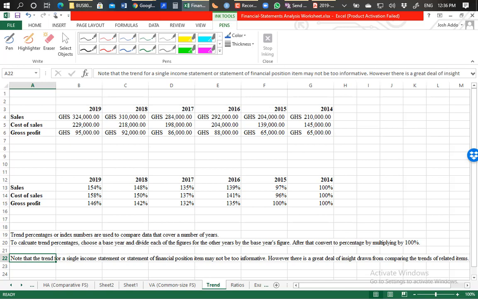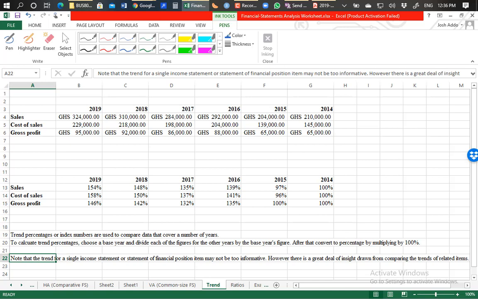Very simple. If you take this simple example, we have sales, cost of sales, gross profit. It can be for the whole of the financial statement, but I'm just taking an extract from it, because it will be the same thing. In trend analysis, we are only trying to compute index numbers. So we have some base year that we want to compare the change across the other years from.